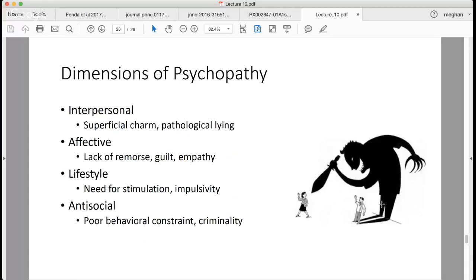Impulsive antisociality looks more like antisocial personality disorder, whereas fearless dominance looks more like those charismatic, typical psychopaths you see displayed in the media. So that would be more interpersonal and affective dimensions, where you see that superficially charming.